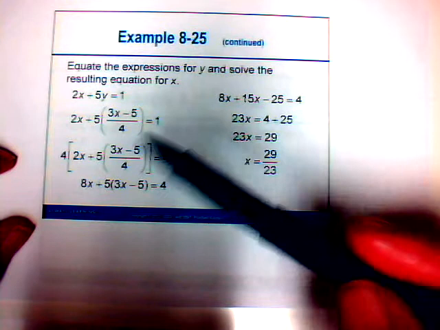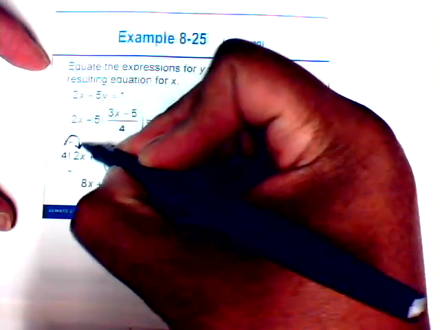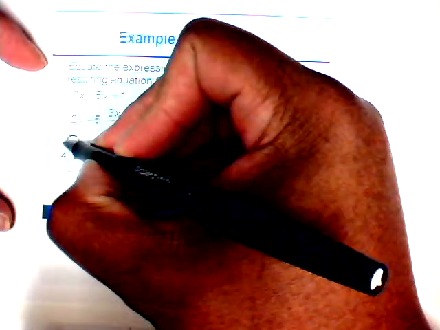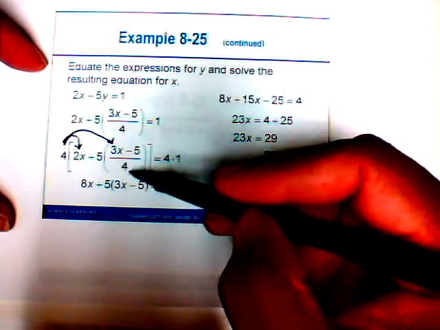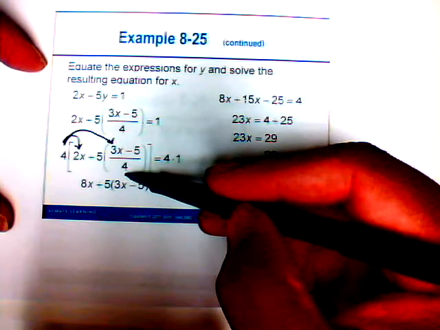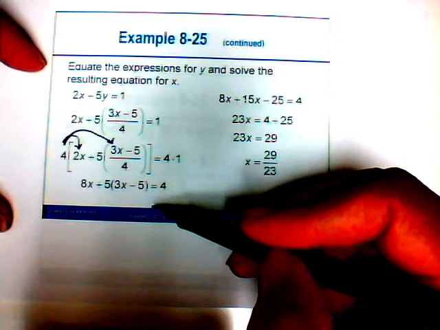Okay, so on the left side, you got to use the distributive property, multiply the 4 times that 2x, that would give you 8x. And then you got 4 times this expression, 5 times the quantity 3x minus 5 all over 4. Notice that the 4's will divide out. You're going to be left with just this, 5 times the quantity 3x minus 5.